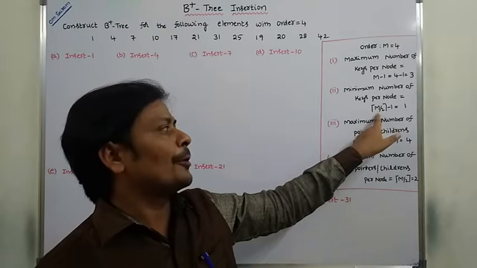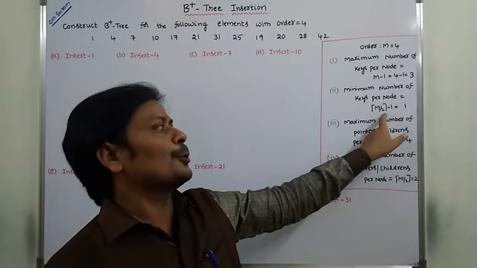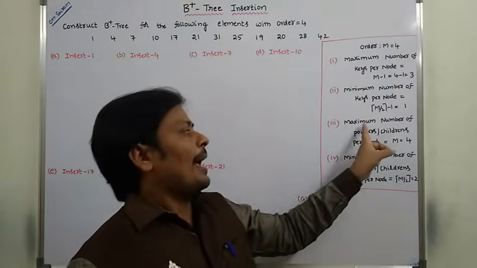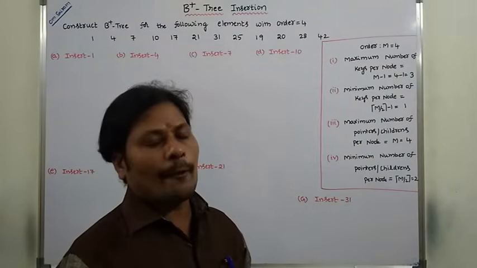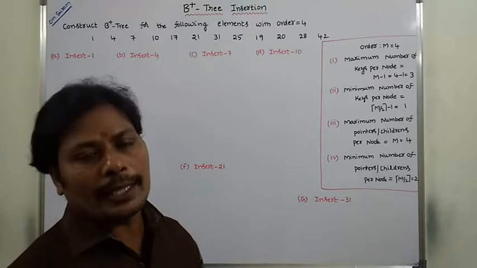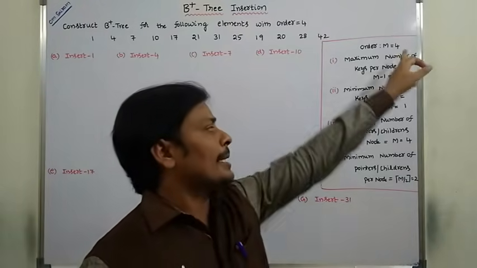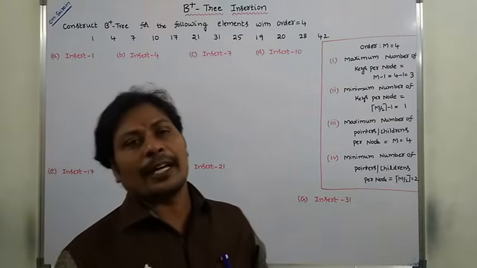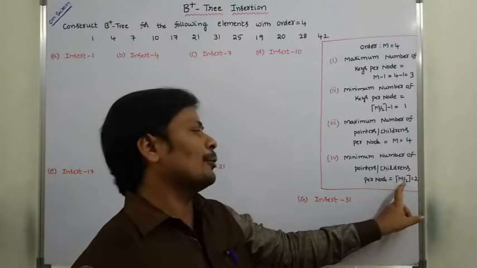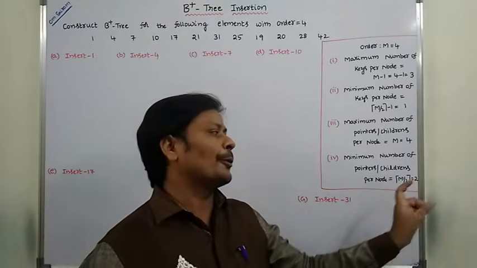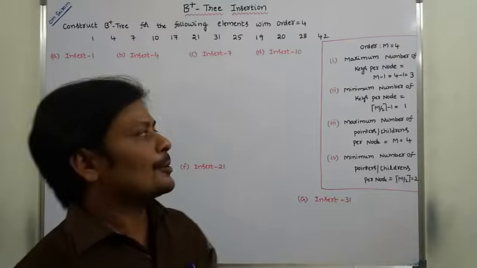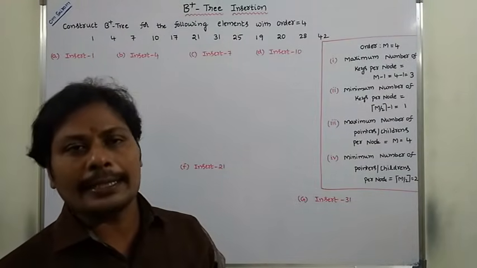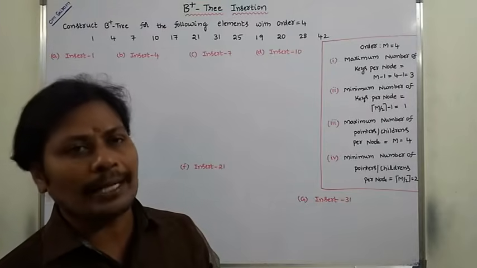Here 4 by 2 is 2, 2 minus 1 is equal to 1. Next, the maximum number of pointers or children per node is equal to m, that is 4. The minimum number of children per node is ceiling of m by 2, so here 4 by 2 is equal to 2. Keep these properties in mind while performing the insert operation on a B plus tree.